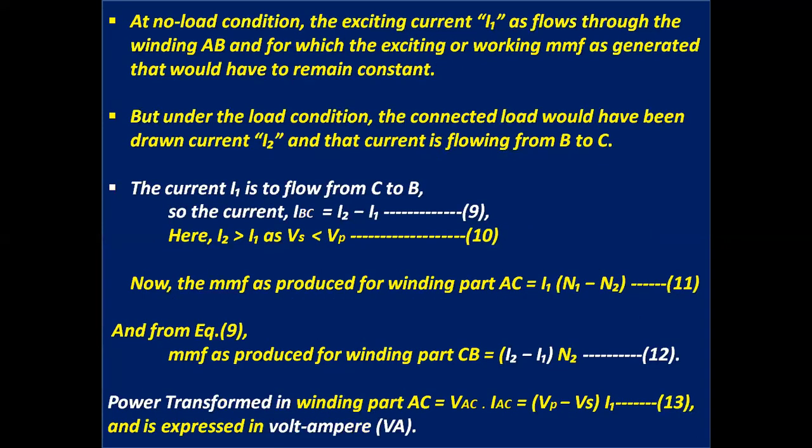At no load condition, the exciting current I1 flows through the winding AB, and the exciting or working magnetomotive force generated remains constant. But under the load condition, the connected load draws current I2, and that current flows from B to C. The current I1 flows from C to B, so the current IBC equals I2 minus I1.